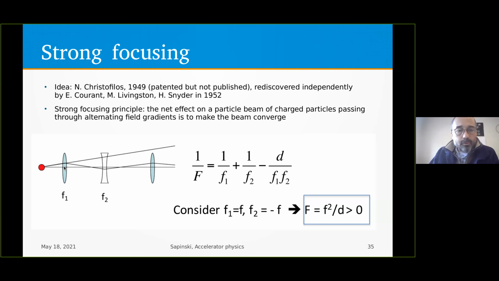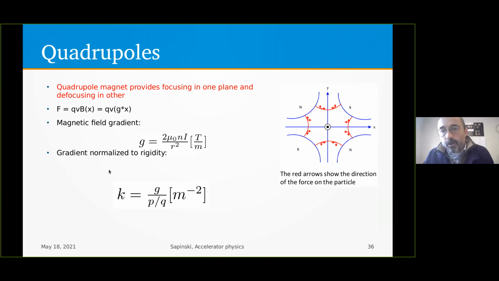Now, we have to know that quadrupole magnets always focus the beam in one direction and defocus in the opposite direction. So let's say we have a quadrupole which is focusing horizontally, and the same quadrupole must be defocusing vertically. We will see this on this plot. Here you see the field lines in the quadrupole magnet.